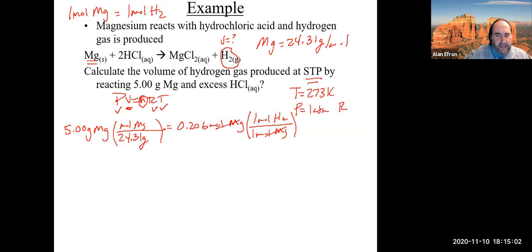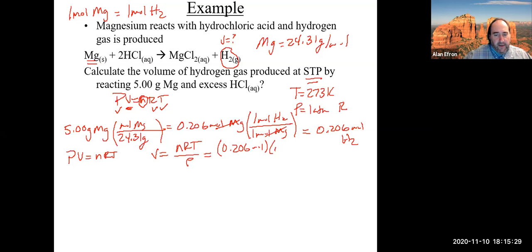Moles of magnesium will cancel, and I could probably still do that math: 0.206 moles of hydrogen. So now we have it in hydrogen, which is what we're looking for. We should now have everything we need to go into our PV equals nRT. Here we will solve for volume. Putting all of our numbers in the proper spot: 0.206 moles, 0.08206 for our gas constant, our temperature of 273, and our pressure of 1 atmosphere.